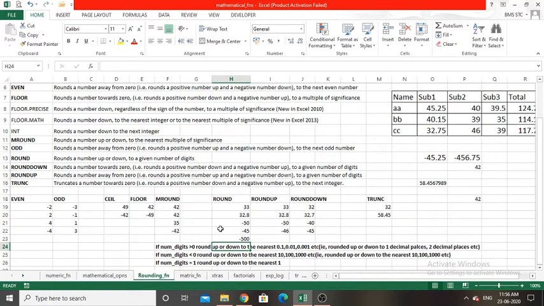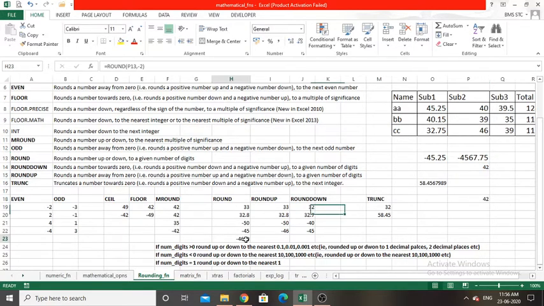Okay, so if I pass 456.775, and I am doing the same round function in these also from -1. So -1 will take the tens place.